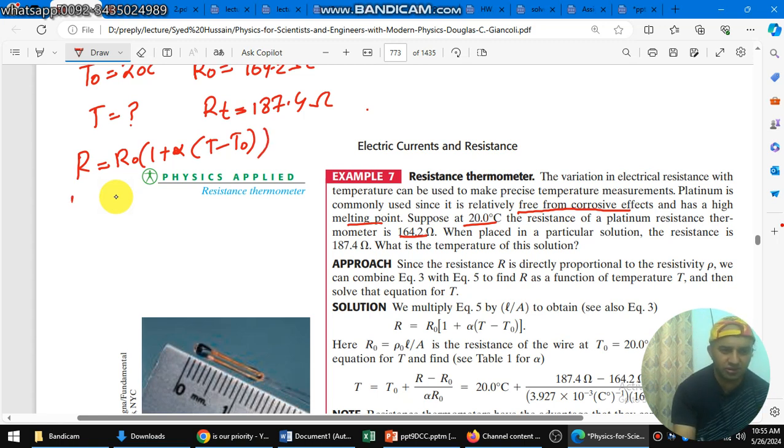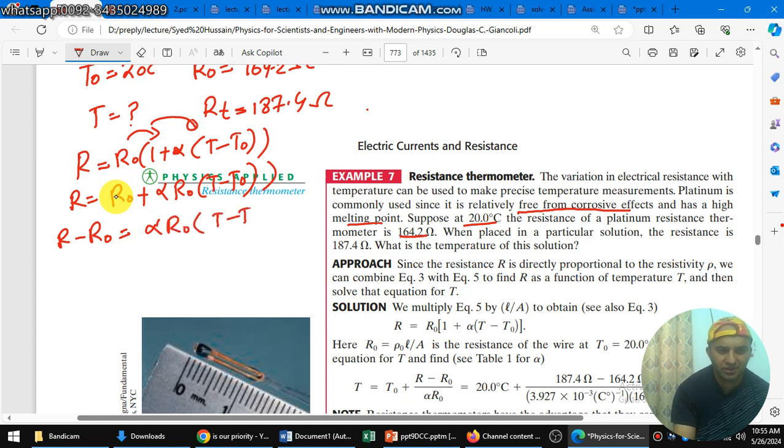So in order to modify this equation, R is equal to R naught plus alpha R naught into T minus T naught. We multiply R naught into the bracket, so that R minus R naught is equal to alpha R naught into T minus T naught.